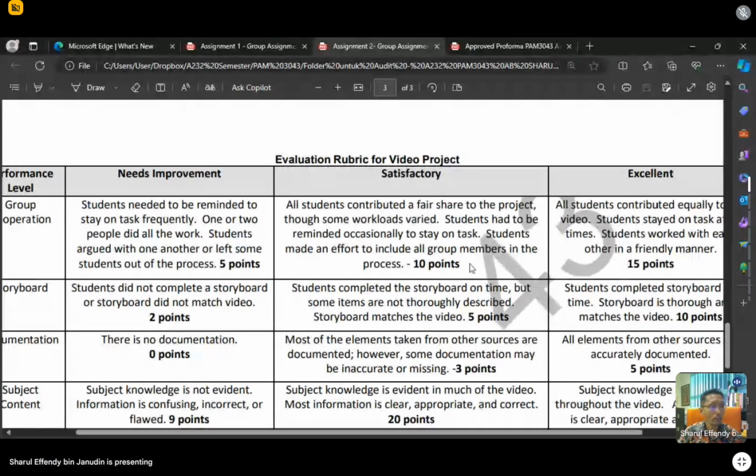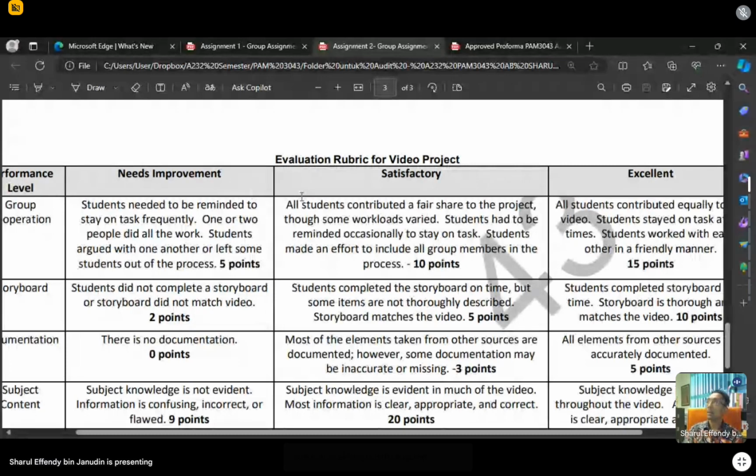I have the privilege to give 10 up to 14, because the maximum mark is 15. So we are not going to have similar marks. Maybe quite close, but it depends on your video. I have the flexibility to give marks.